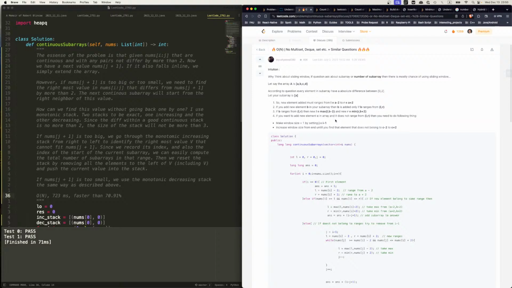Go right to left, and then we find the first one that doesn't work. And this just keeps going forward, and then we find the first one that doesn't work, which is fine. And then we keep moving forward.